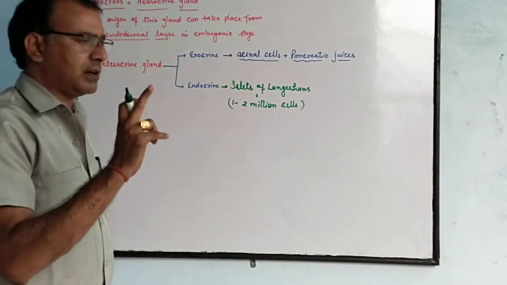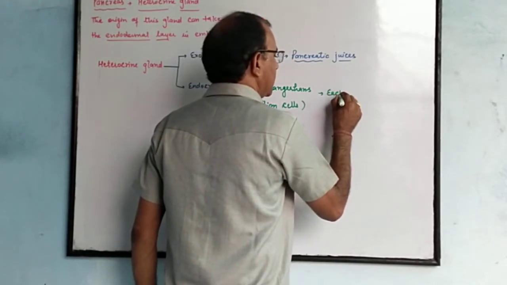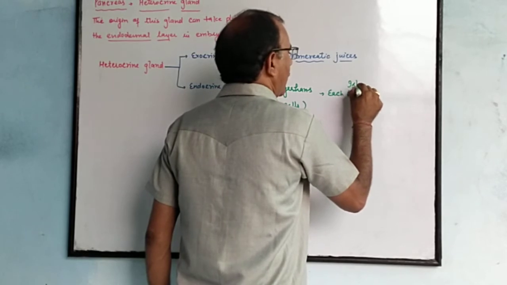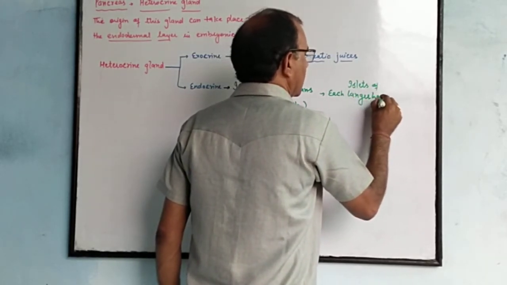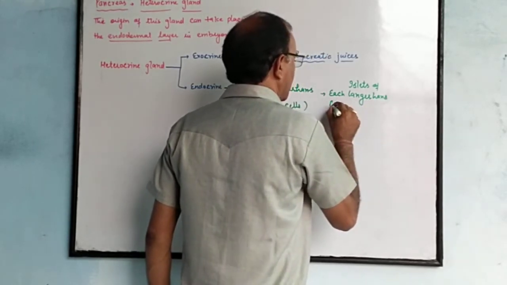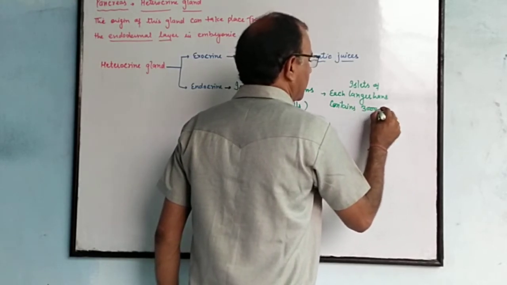Each islet of Langerhans contains 3000 cells.